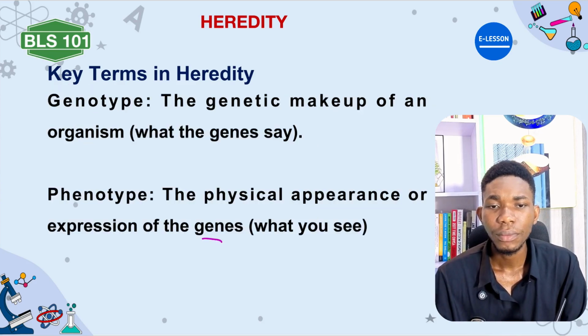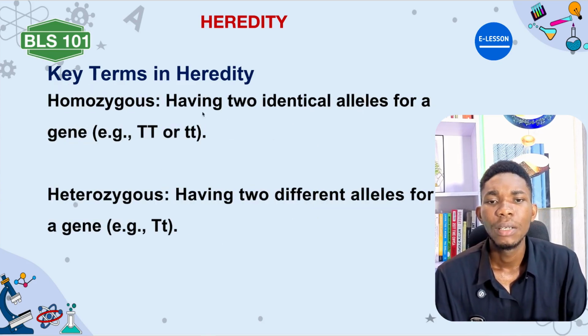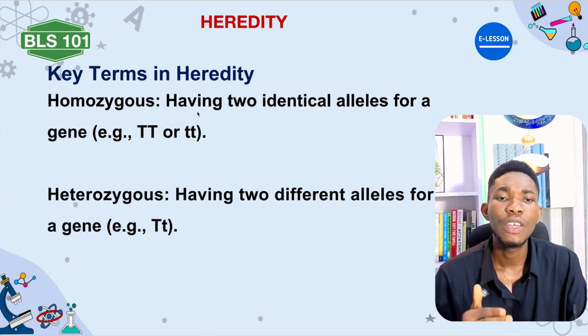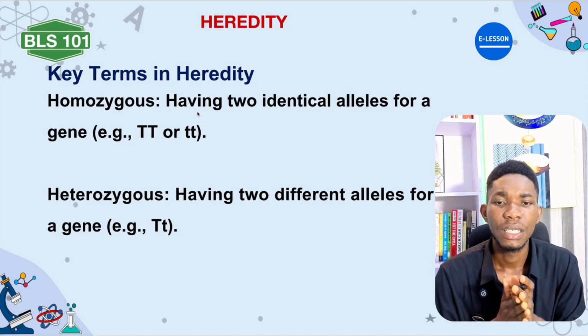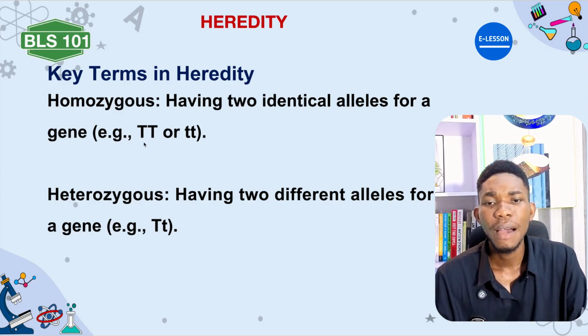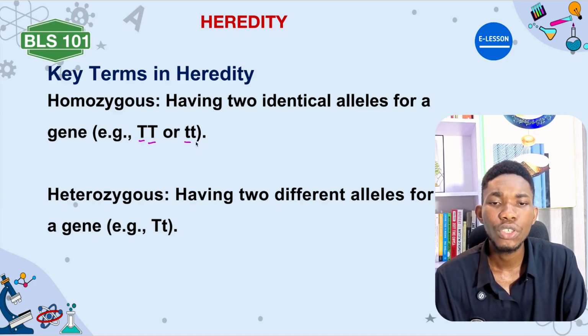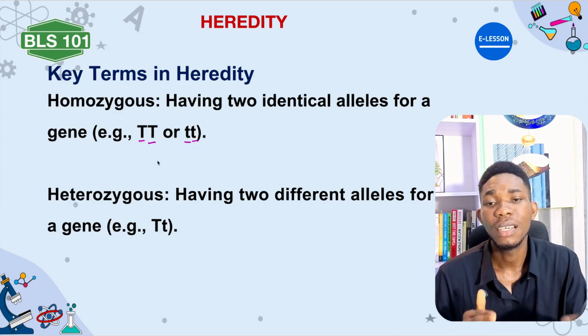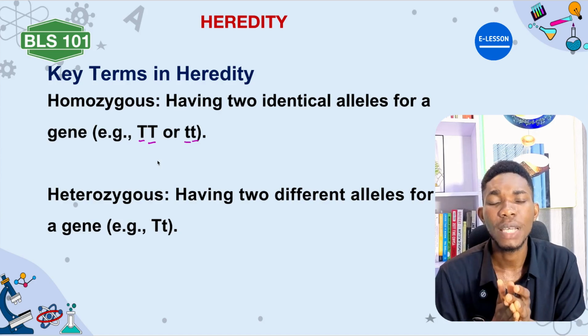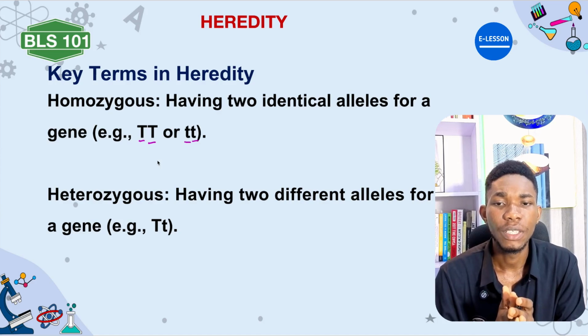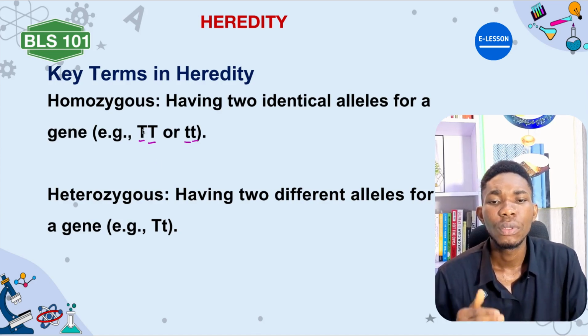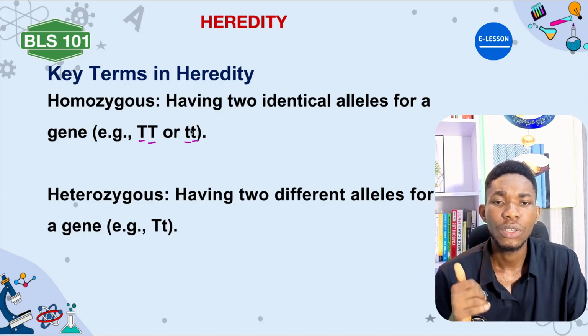Is that okay? Now, coming here, homozygous means having two identical alleles for a gene. For example, if you have tall or short, this is a homozygous allele, two identical alleles for a gene. You have two, one for tall, another one for tall. This one for short, another one for short.